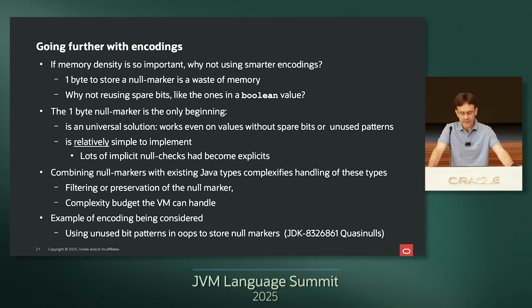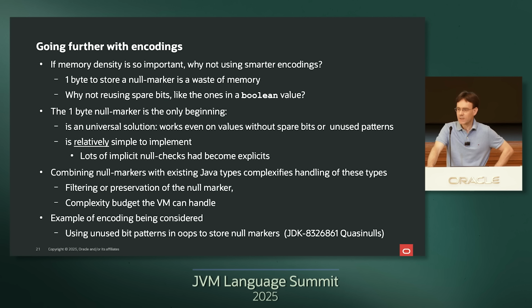We can also combine null markers with existing Java types to reuse the spare bits or the unused patterns. But this complicates the handling of this type, because now you have to filter out this null marker when you need to use the value, or you have to preserve or restore the null marker when you are writing a new value. And there is a complexity budget that the VM can handle.